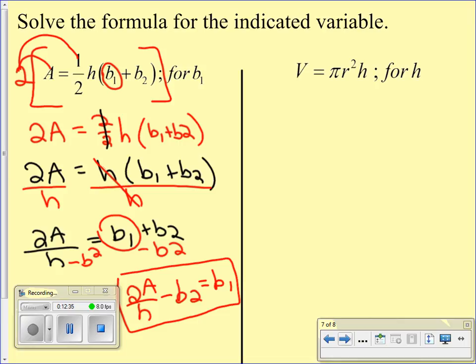And the last example, V equals pi r squared times H. Pi is not a variable, pi is a number, so we're going to treat it like a number. We will never be solving for pi, but we are solving for H, so I circle the H. So that I have V equals pi times r to the second power times H. I want to do the inverse operation of multiplication, which is division, and seeing how all of this is multiplication, and that's the part I want to move over to the other side, I'm going to divide by pi r squared on both sides.